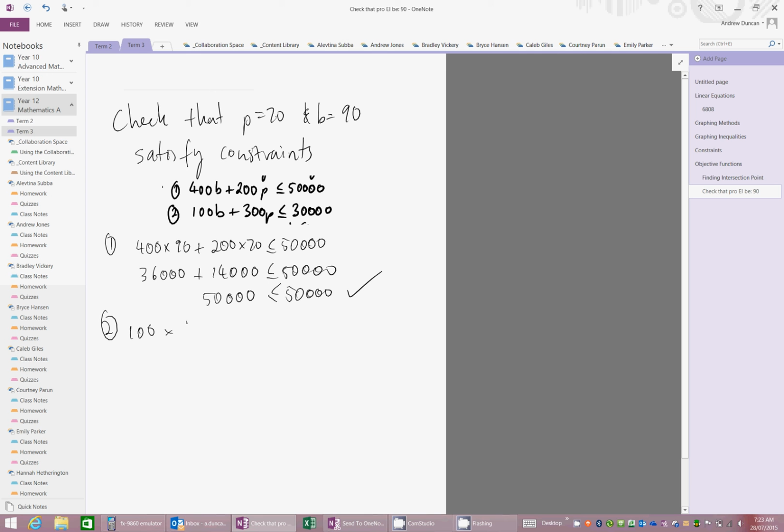Do the same thing with number 2. 100 times 90 plus 300 times 70 should be less than or equal to 30,000. Smash through this. Get the same thing. Okay, so we can see that our solution has used literally all of the ingredients.